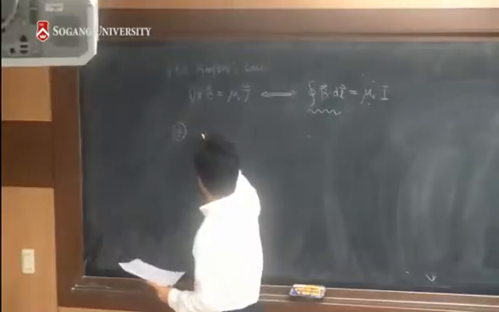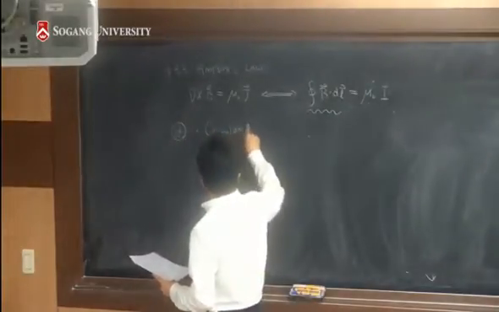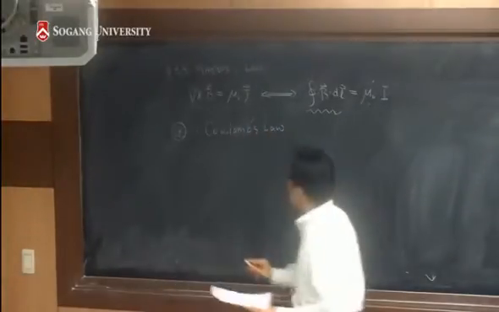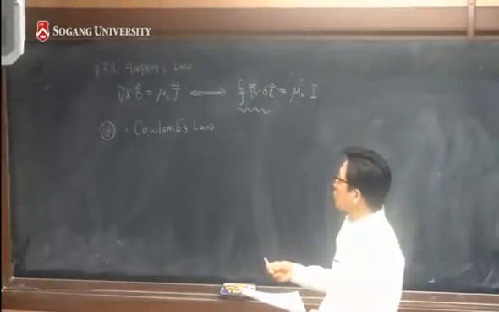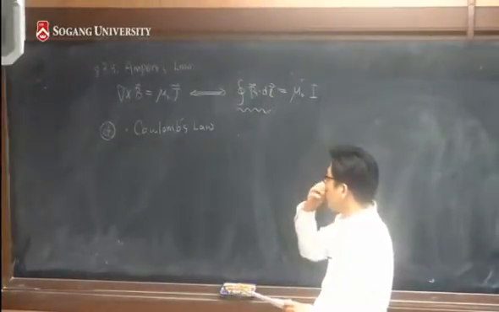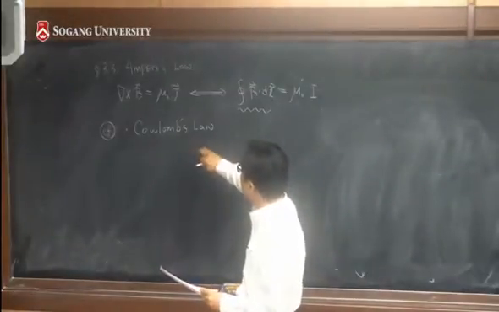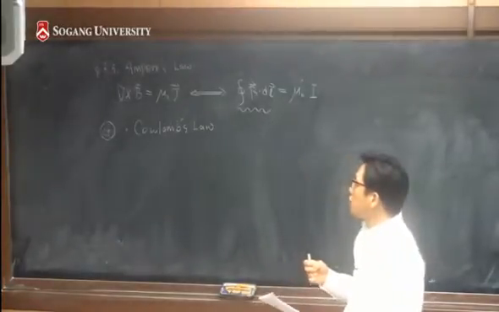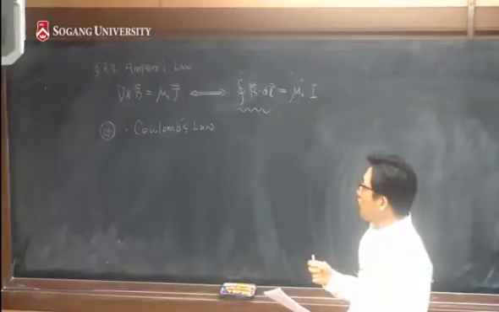Once you have Coulomb's law, where the electric field is inversely proportional to the square of the distance from a point charge, and if you take an integration of the charge density in space, then you can have the electric field in space.